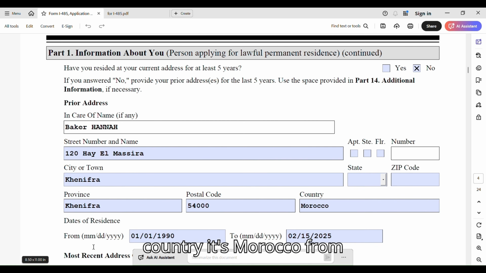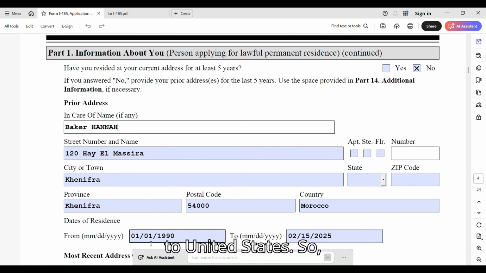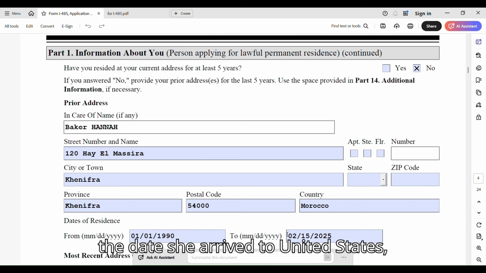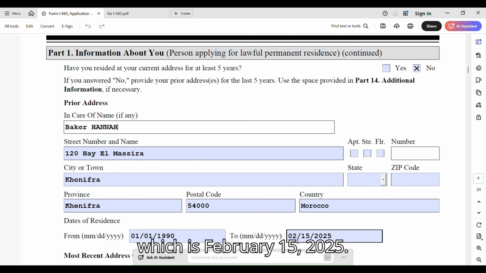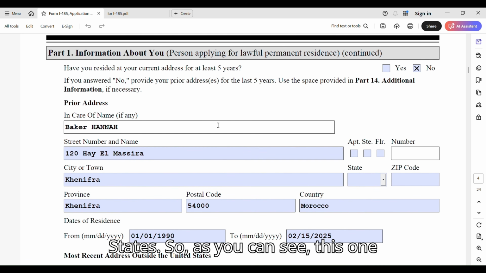Country, Morocco. From birth to the date she moved to the United States, so January 1st, 1990, to the date she arrived in the United States, which is February 15th, 2025. By the way, this is a foreign address because she has never been in the United States.